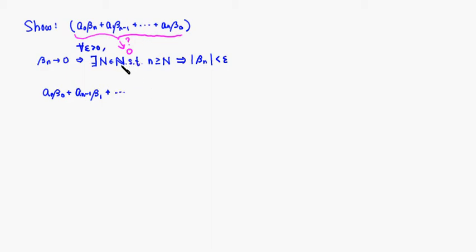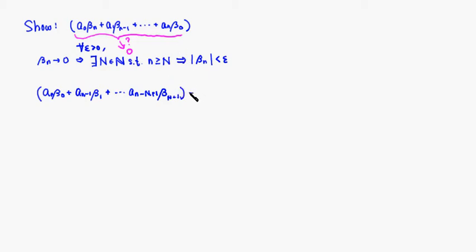let's do A_{n-N+1}, actually plus 1. Then you have a beta N minus 1. So I'm going to group those together.